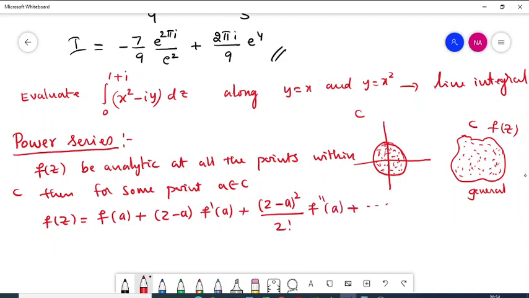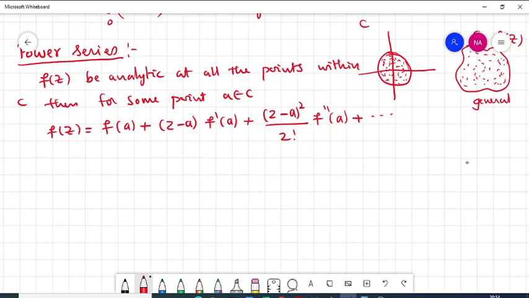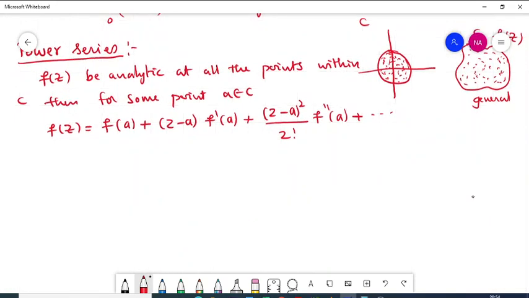You are all familiar with this, and also you have studied Maclaurin series expansion. So okay, actually this is not our point of discussion.